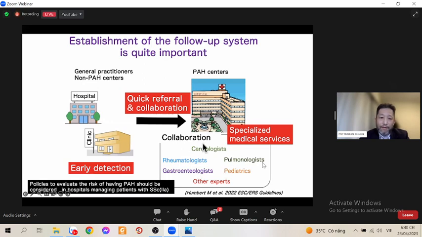Also, in the guidelines for specialized medical services, policies to evaluate the risk of PAH should be considered in hospitals managing patients with SSc. So we have a lot of requirements, especially in specialized medical services and PH centers.